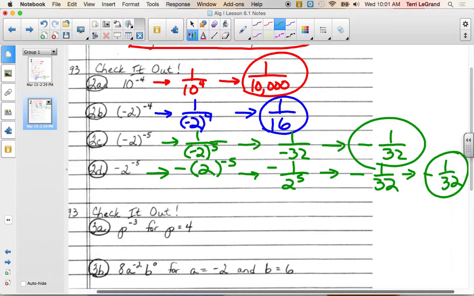The parentheses make a difference, and what else? The negative sign, okay. How about the power? What happened here when the power was this?